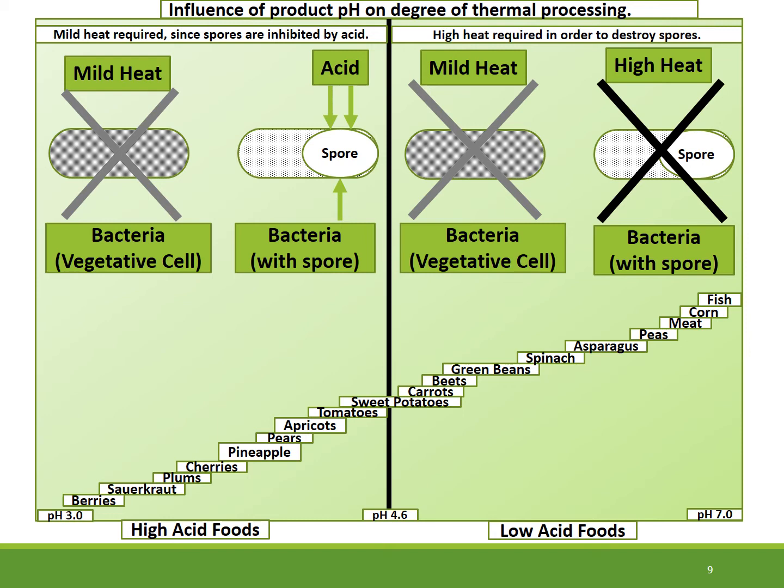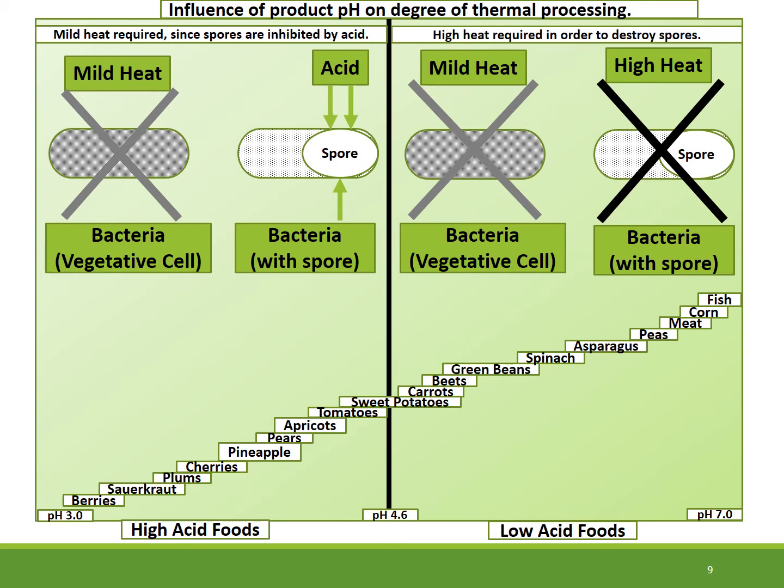On both sides, there are two bacteria, one a vegetative cell and the other a cell with a spore. For foods that are on the pH scale below 4.6, a mild heat treatment, such as boiling water or water bath canning, would destroy or kill the vegetative cells. For spores that might be present, the acidity of the food would prevent the spore from germinating and growing into a vegetative cell.